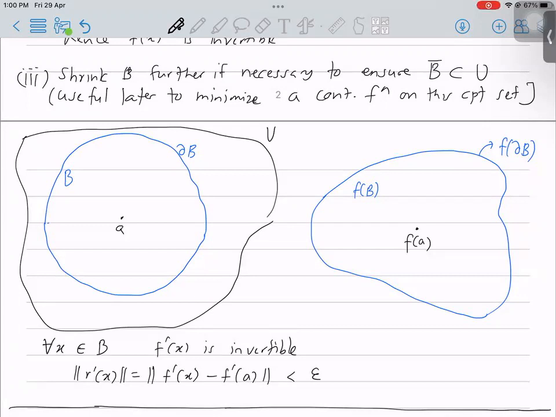This is where this idea that I have a function, compact sets are good. While talking about minima or maxima of continuous functions, it is good to deal with compact sets.